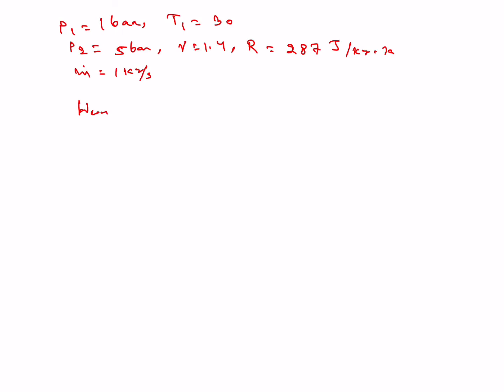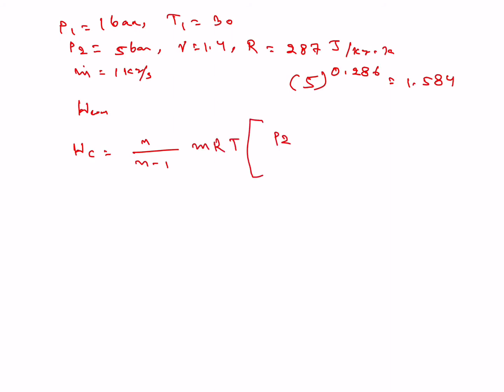Work of compression you have to calculate. 5 to the power 0.286 equals 1.584. Work of compression WC equals n by n minus 1 MRT, P2 by P1 whole to the power n minus 1 by n, minus 1. This is your formula.